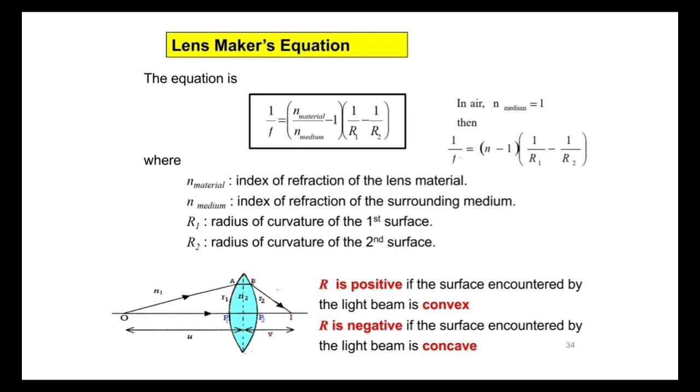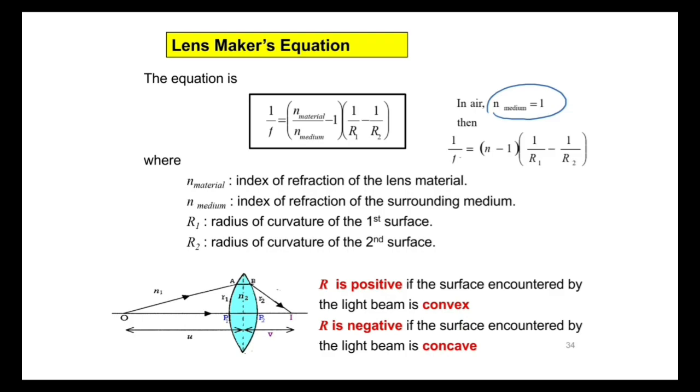If you put the lens in air, the refractive index of the medium is equal to 1. Substituting it into the lens maker equation, it becomes 1/f = (n_material - 1)(1/r1 - 1/r2).